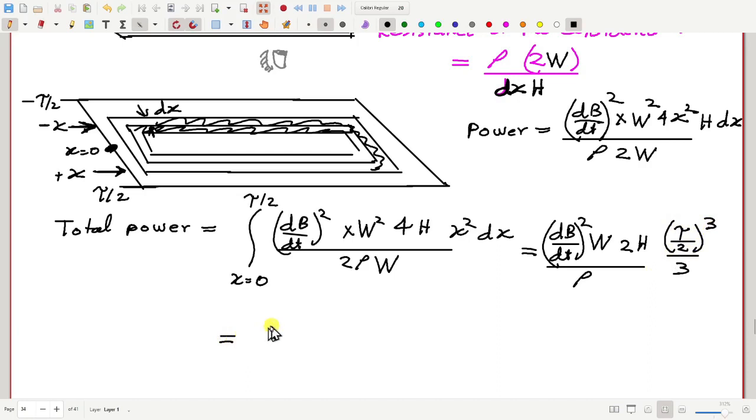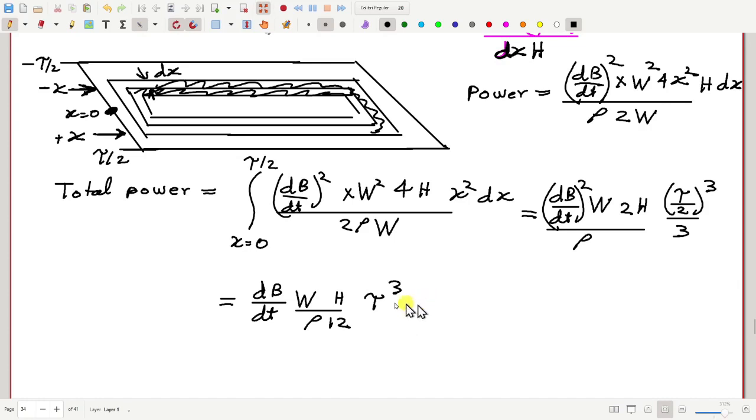Then this is dB/dt, w, 2h by rho, and then this will become 8 into 3 into 4, so this will become 12 tau cube.